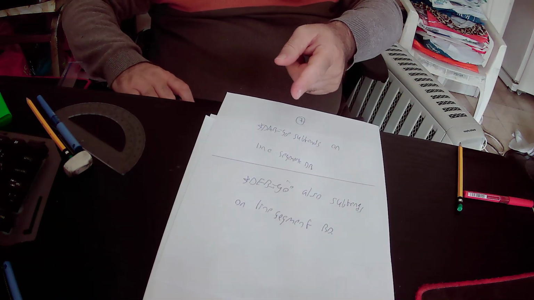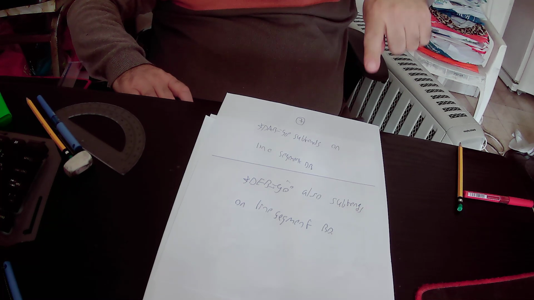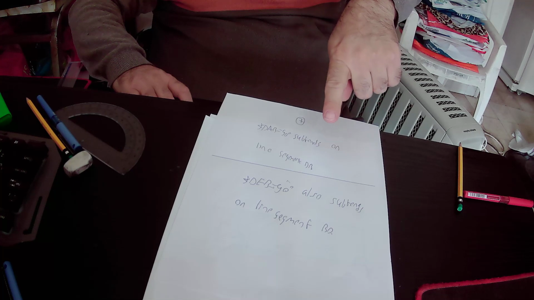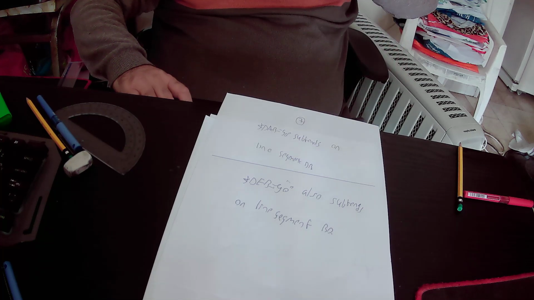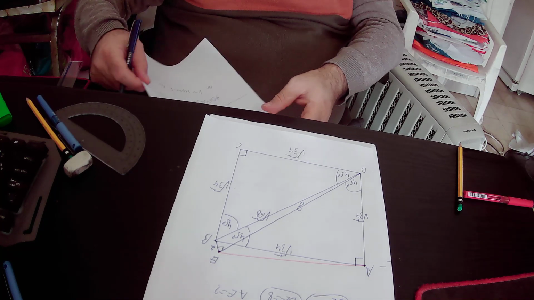Angle DEB equals 90 degrees according to what is given in the question, and angle DEB also subtends on line segment DB.